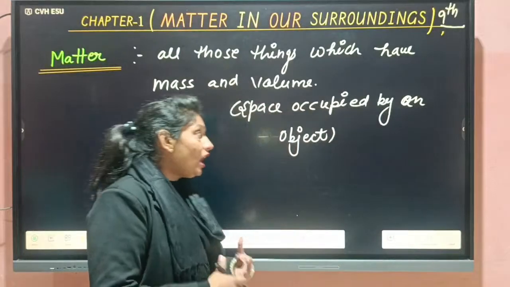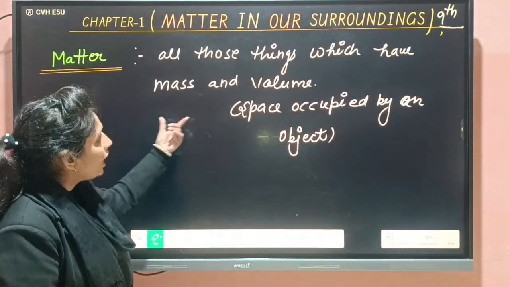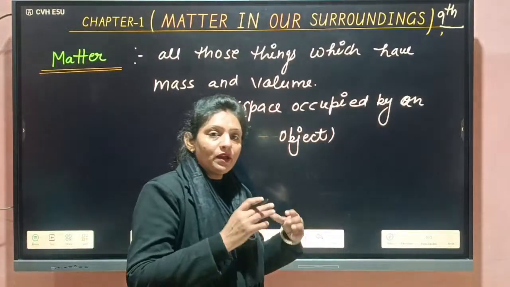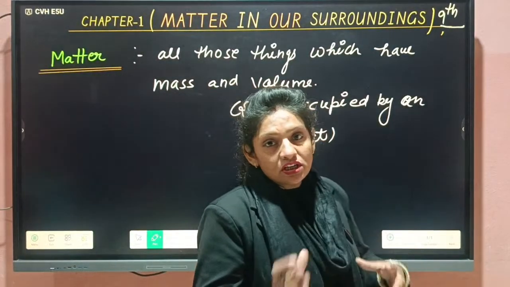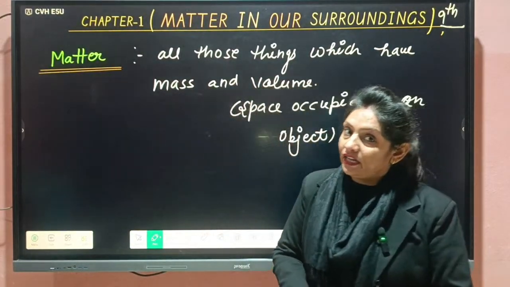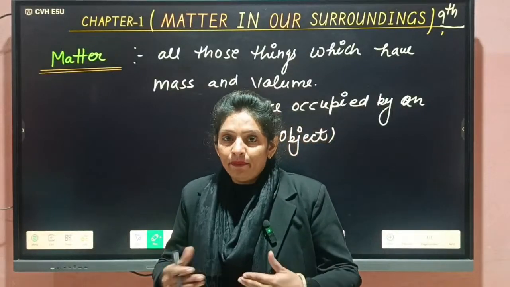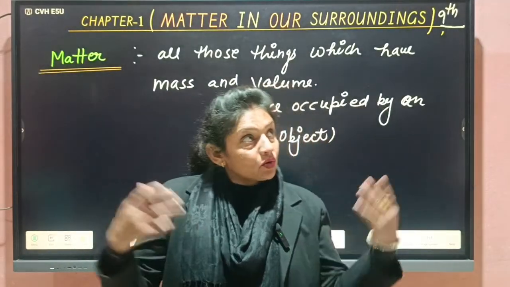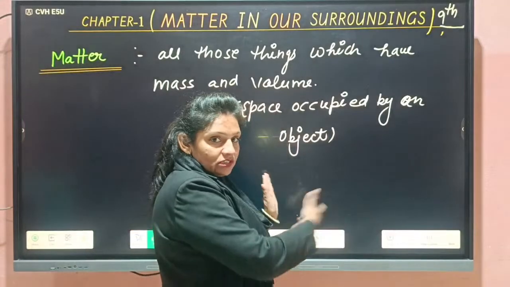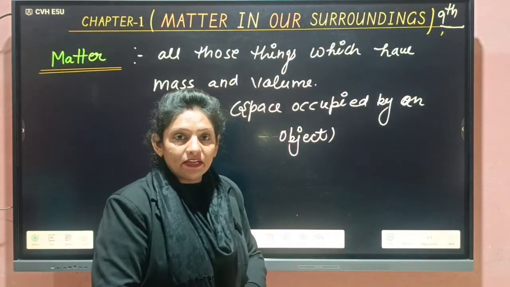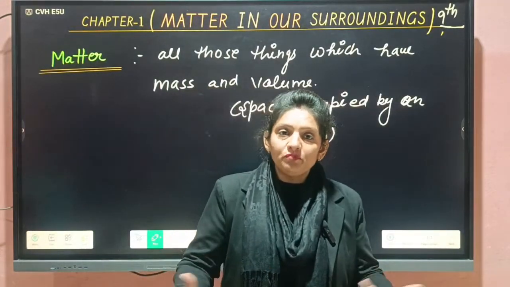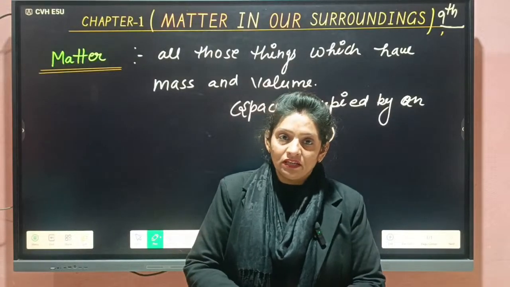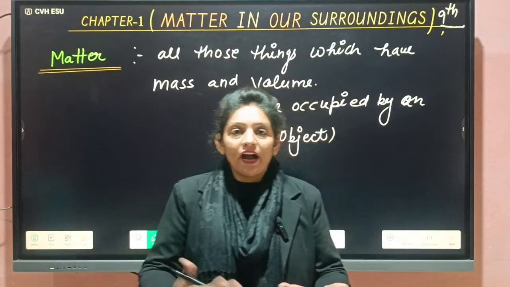So matter are all those things which have mass and volume, जिनका अपना mass होता है और जो कुछ ना कुछ स्पेस ऑक्यूपाई करते हैं, वो सारी चीजें क्या हैं? मैटर हैं. Our room, this board, all things are matters. Air in which we breathe is also matter because air also has mass.